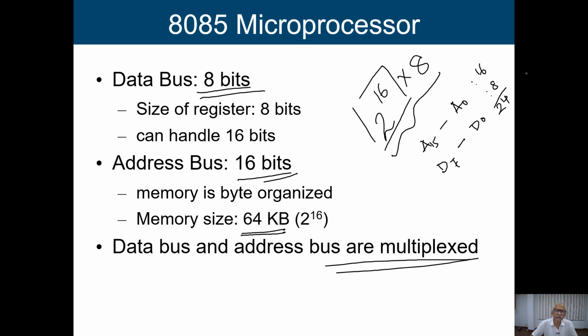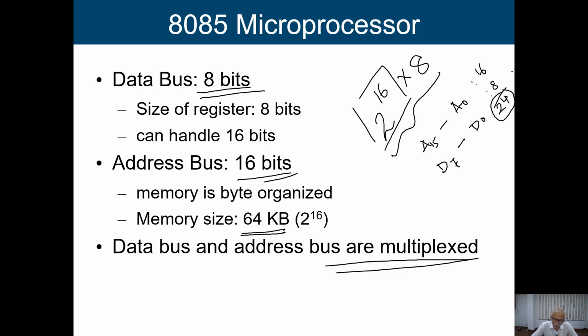That means when we talk about ICs, we need 24 input/output pins just for the address bus and data bus. But if you give more I/O pins, the cost is going to increase, because tapping of these input/output pins is a costly affair. And on the other hand, the size of the integrated chip is also going to increase.